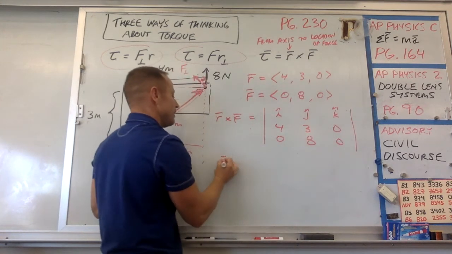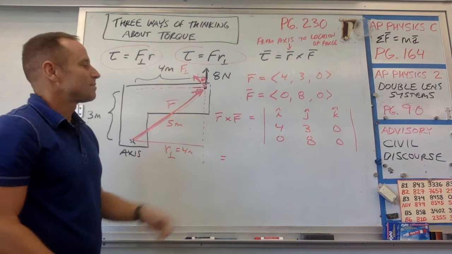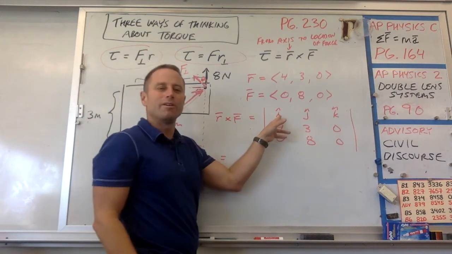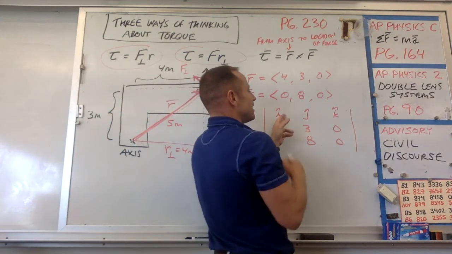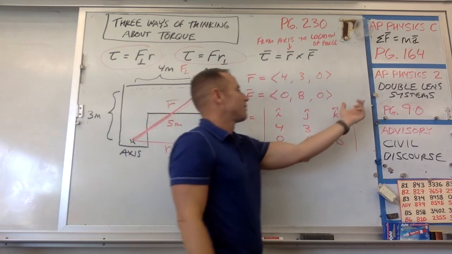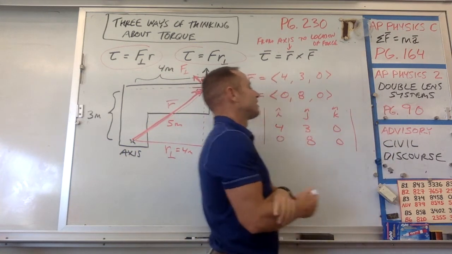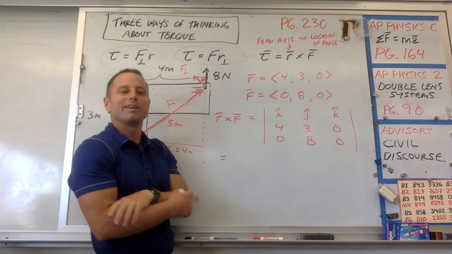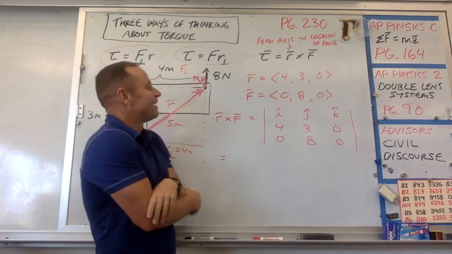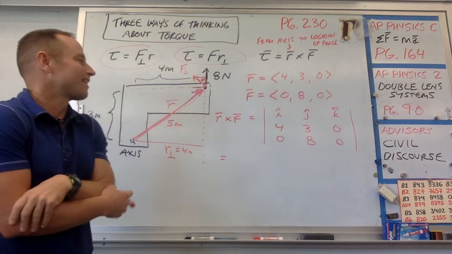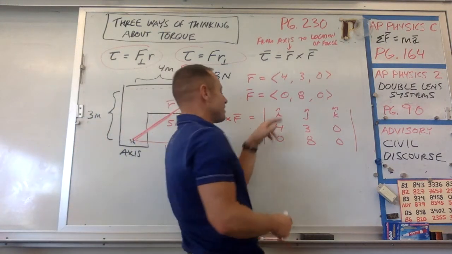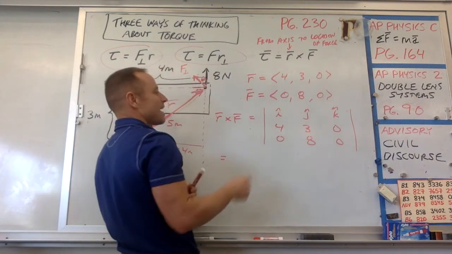And so we have to evaluate that little determinant. We'll use the technique called expanding by minors. I know there might have been some way they taught you where you copy a couple of rows or columns over, but that's a one-trick pony. That's minor league baseball. It only works with 3x3s. So we're just going to do the way that works all the time for matrices.